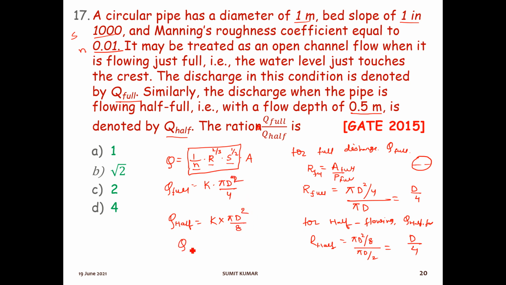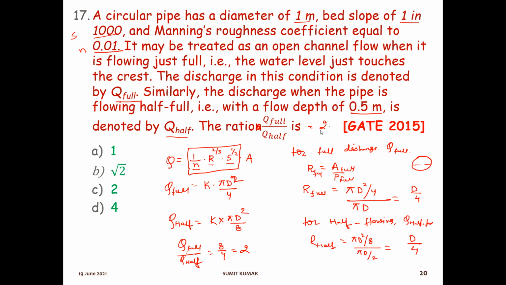If we find the ratio Q full by Q half, then K cancels out, pi d square cancels out, and it comes 8 by 4, that is 2. So Q full by Q half is 2. There was nothing more complicated in this question.